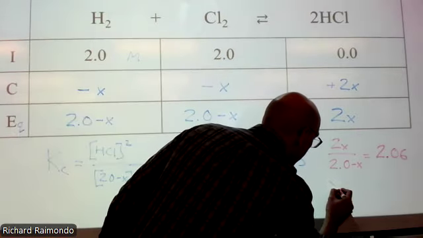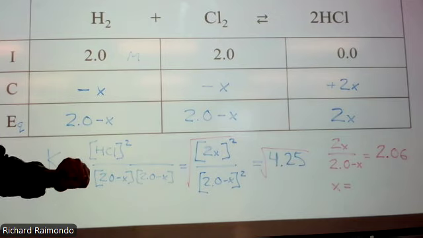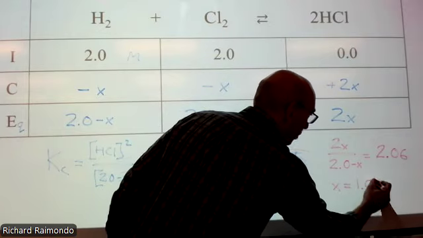Solving for x. James, you got an x for me? 1.015. 1.015, good.